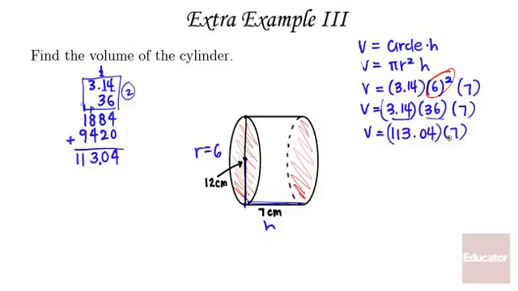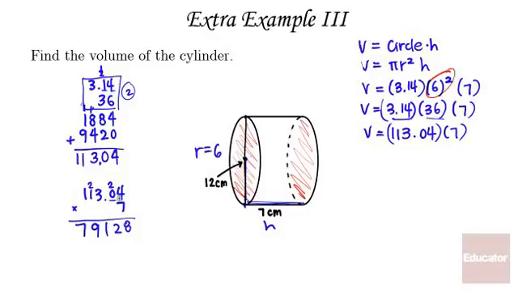113.04 times, now this number, 7. Just write it again right here, times 7. 4 times 7 is 28. This times this 0, add the 2. This is 21, 7, 9, and 7.